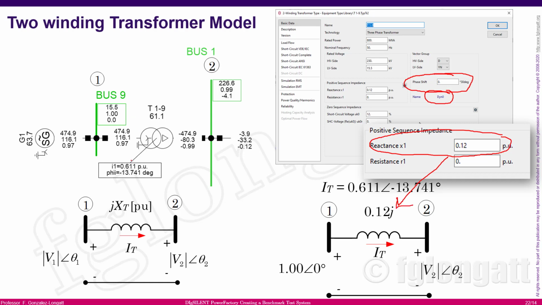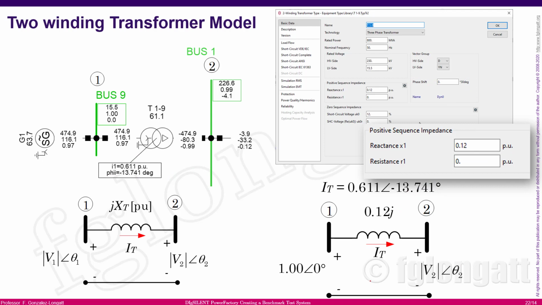What I did is I used DIgSILENT PowerFactory, and from DIgSILENT PowerFactory, I got the per unit current, and you can see 0.611 per unit, and the angle of this current is minus 13.741 degrees, okay?